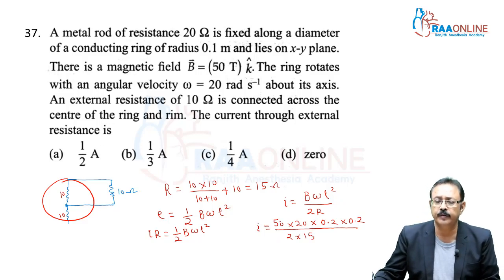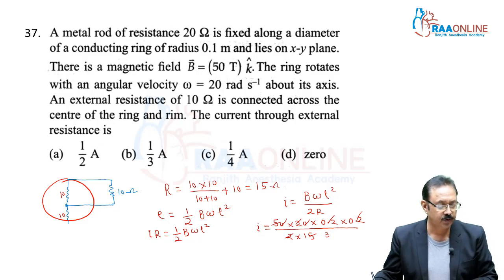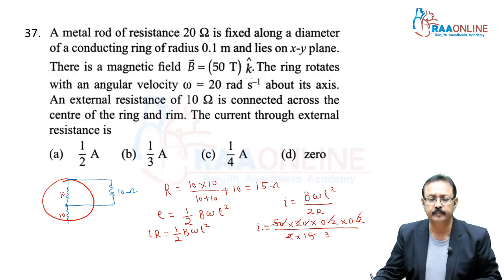So remove these two zeros with these two decimals. 5 threes are. Remove this 2 with this 2. So what are we getting?